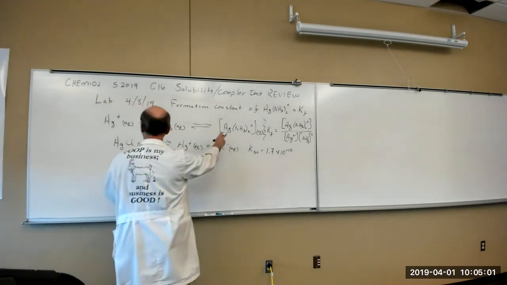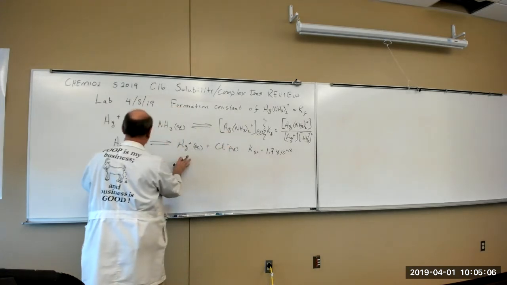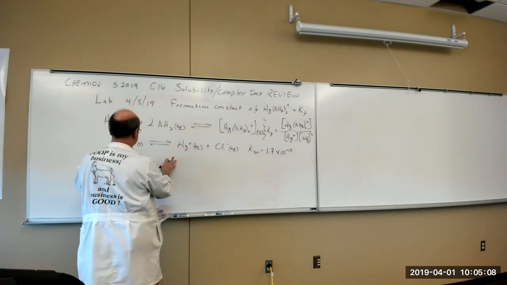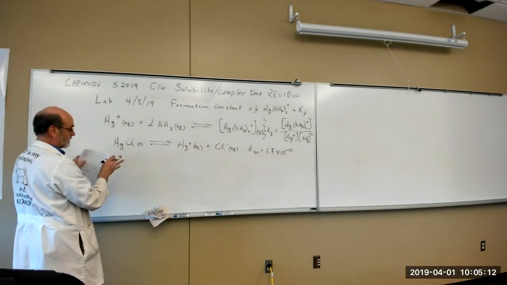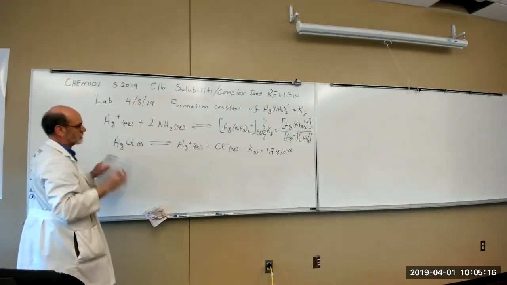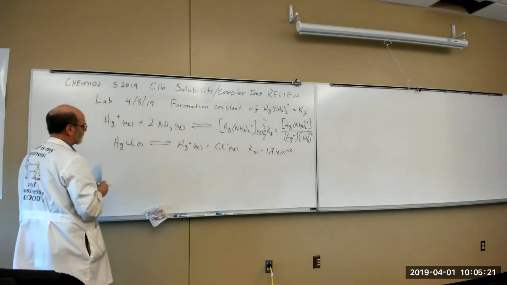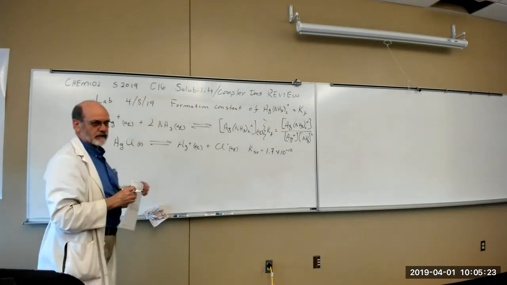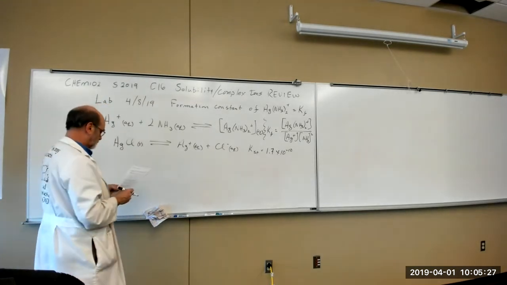So we're going to form that using this. So they're on the proper side now, I believe. Do we need to write up, but we're starting with silver nitrate. Yeah, the nitrate is a spectator, so it doesn't matter. Okay.